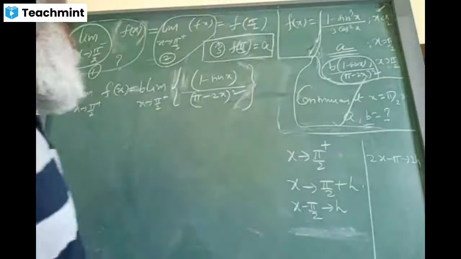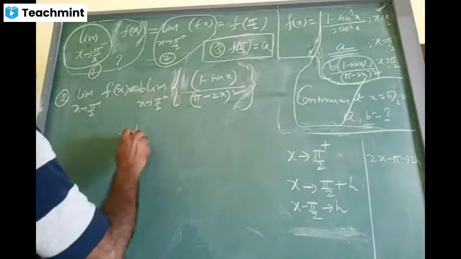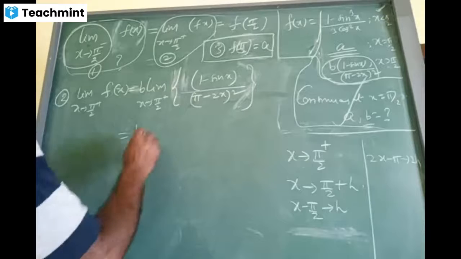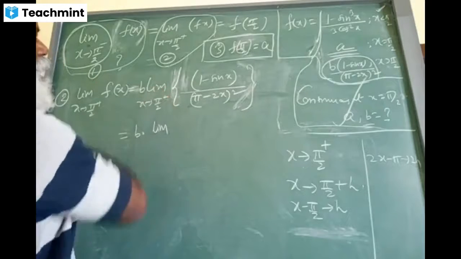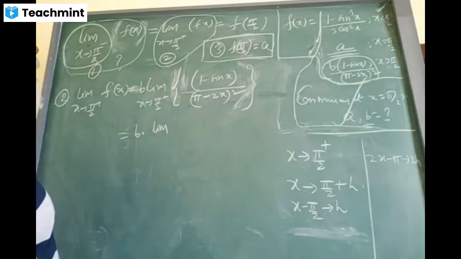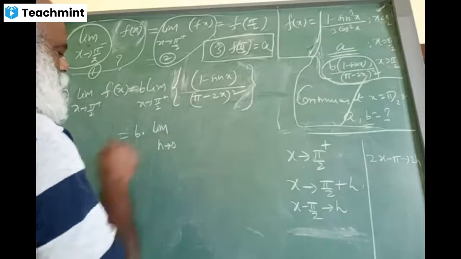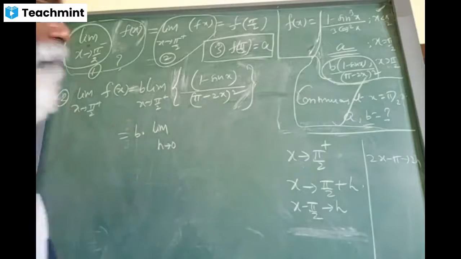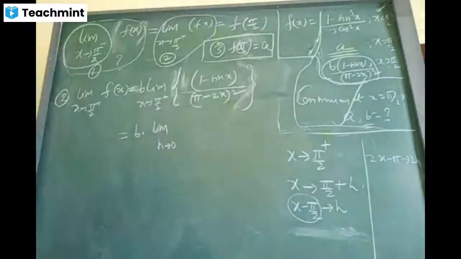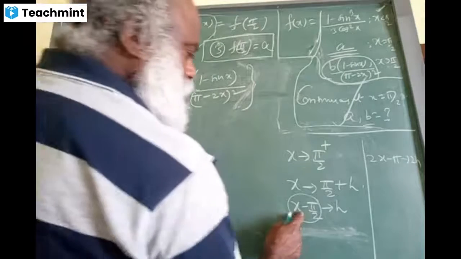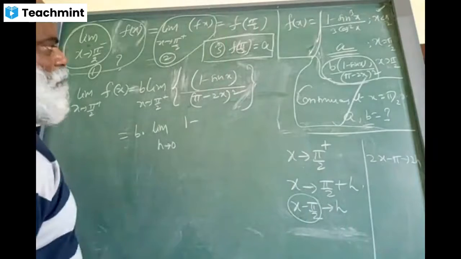Now friends, you can rephrase this limit like this. Limit x tends to pi by 2 plus can be written as h tends to 0, because x minus pi by 2 tends to 0. Therefore, h tends to 0, yes. 1 minus sin.